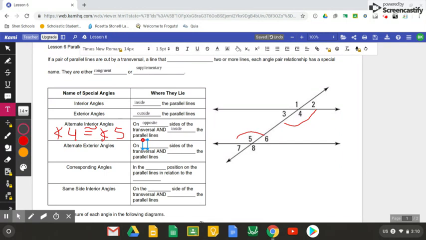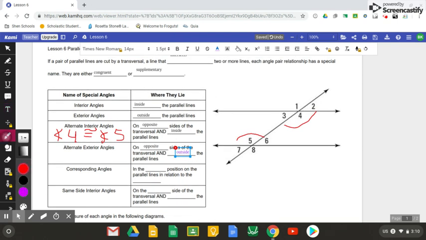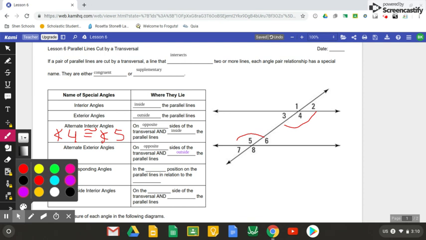Alternate exterior angles. Well, hey, we know what alternate is. That's on opposite sides of the transversal and, well, exterior, outside the parallel lines. So where are those? Well, let me grab a different color. I'll grab purple. If I picked angle 1, right here, angle 1, alternate exterior angle of that is angle 8.